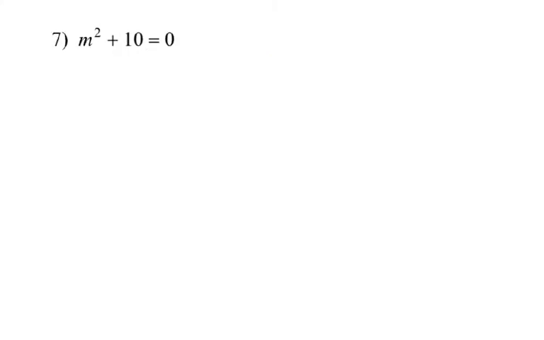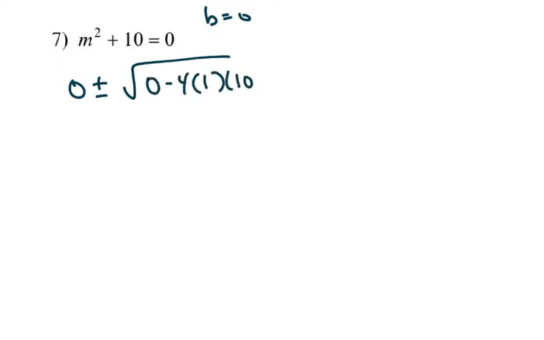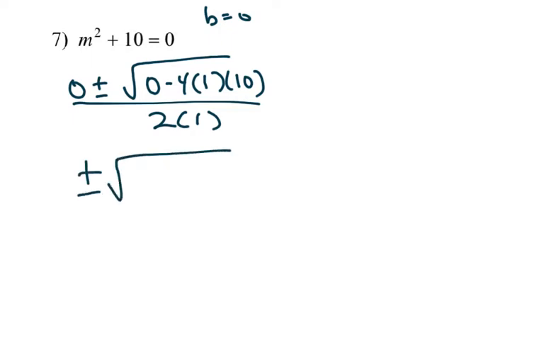Okay, so number 7, again, you've got b equals 0. So I'm going to have negative b plus or minus the square root of b squared minus 4 times a times c, all over 2 times a. So I'm going to have plus or minus 0, and then 4 times 1 times 10 is negative 40, over 2. So the 40 is 8 times 5.